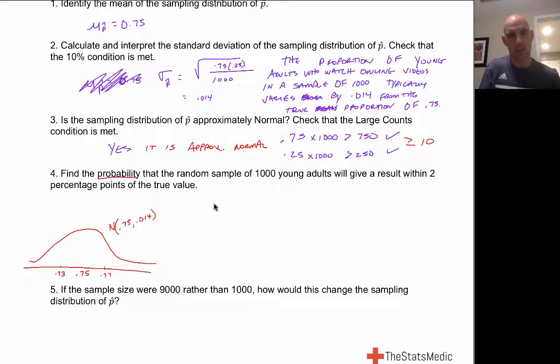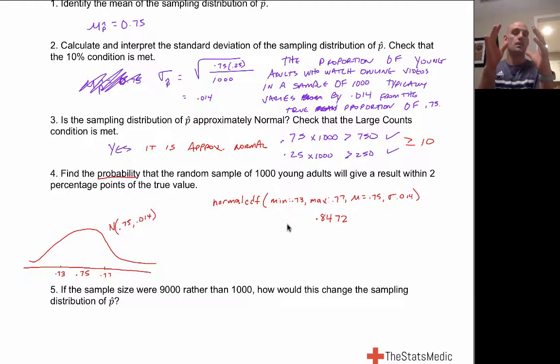We want to find the normalcdf between our minimum of 0.73 and our maximum of 0.77, with a mean of 0.75 and a standard deviation of 0.014. Remember, that's necessary: I have to put in the min, max, mean, and standard deviation. When we do that, we get 0.8472. That means there's an 84% chance that it falls within this range of 0.73 to 0.77.